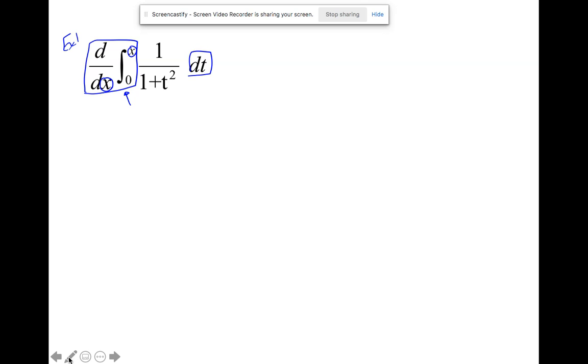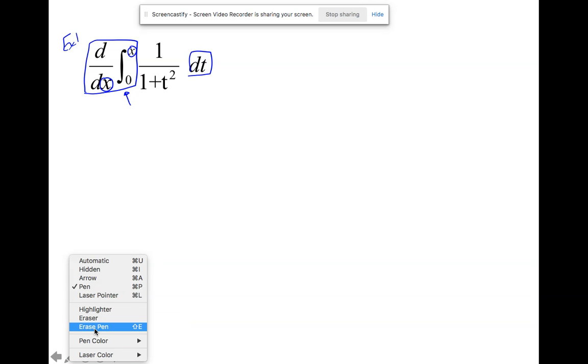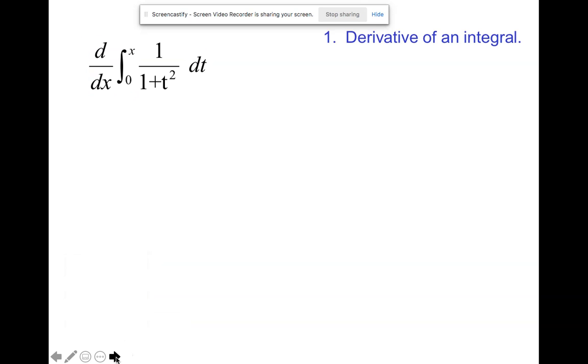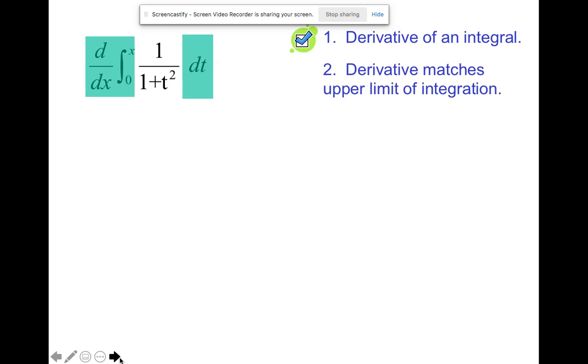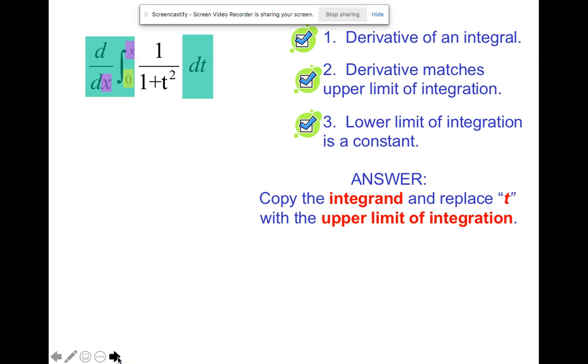Copy and paste: 1 over 1 plus x squared. Do I have the derivative of an integral? Check. Does the derivative variable match the upper limit of integration? Check. Is the lower limit of integration a constant? Check. Boom. Done and done. That multiple choice answer takes me 0.2 seconds, and it saves me time for a harder multiple choice problem.